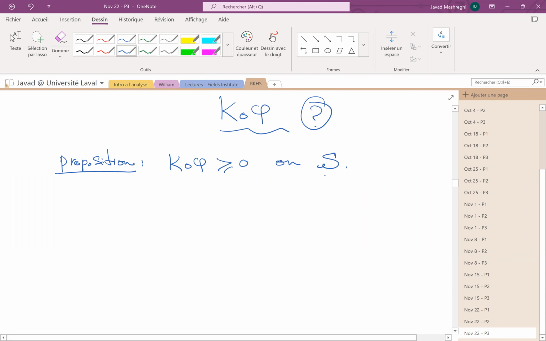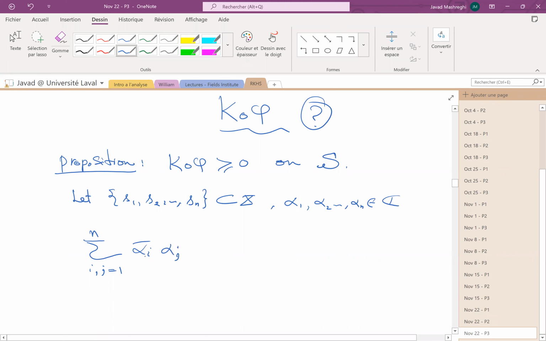So let s1, s2, up to sn be a finite set in S, and alpha 1, alpha 2, up to alpha n complex numbers. And now what can I say about the sum over i and j from 1 up to n, alpha i bar, alpha j, and K composed with phi at the point si, sj?